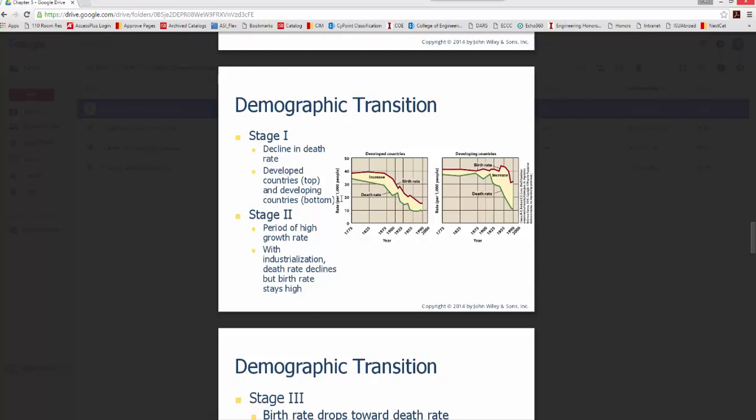So we're talking about the rate per 1,000 people. If we go back to 1775, and this is for developed countries, or what at the time would be considered developed countries.